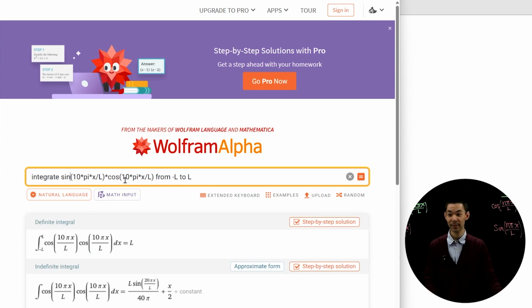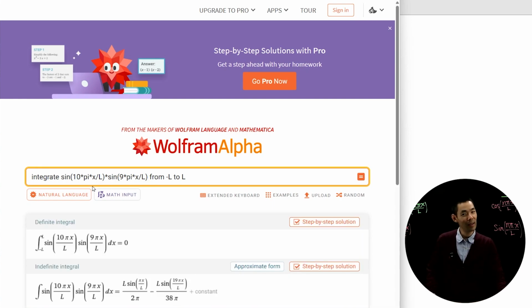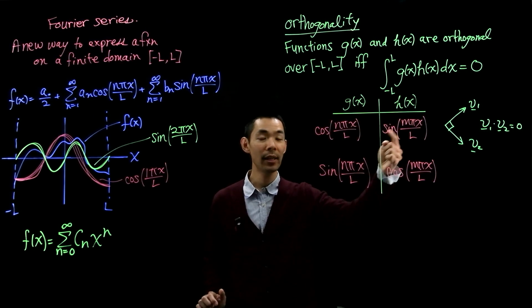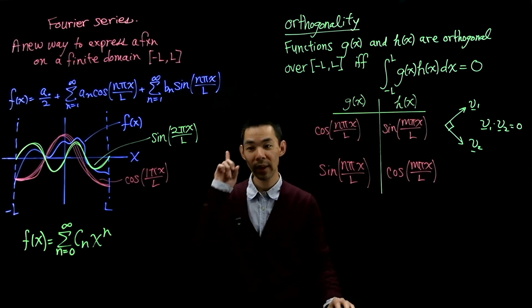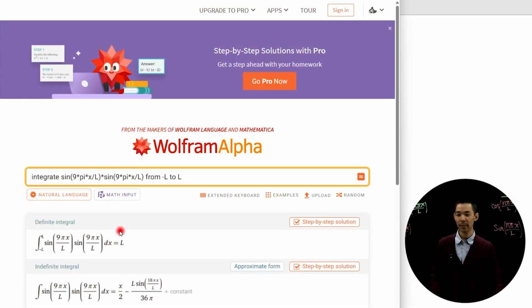Let's try the sines. Sine of 10 pi x over L times sine of 9 pi x over L. It's equal to 0. It's always true. So sine and sine is also always equal to 0, except when the two values are the same, you get L to come out.